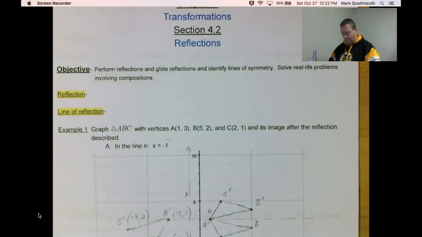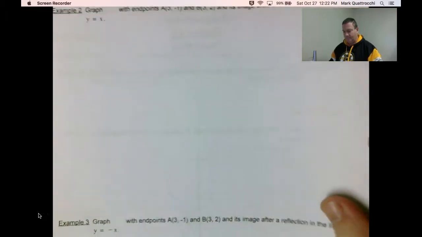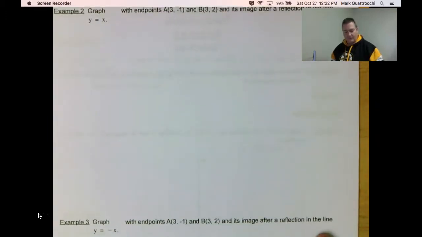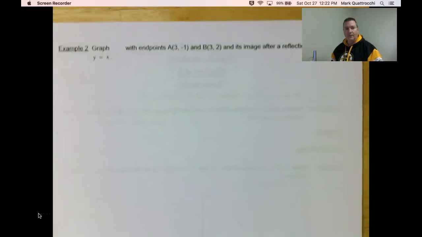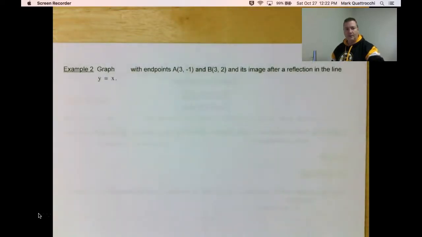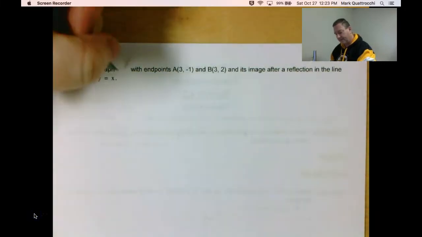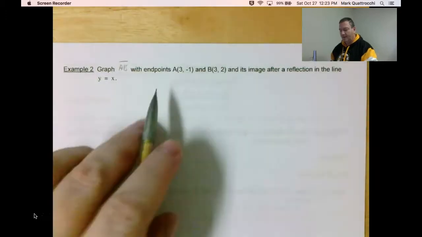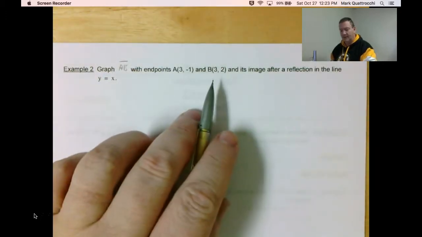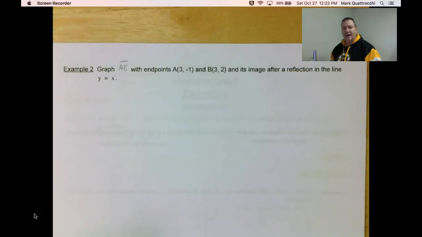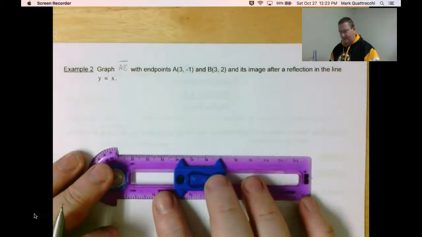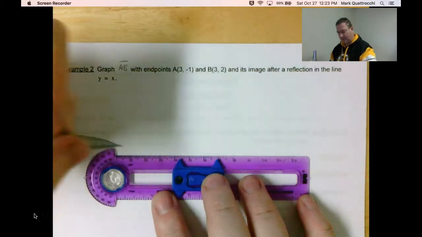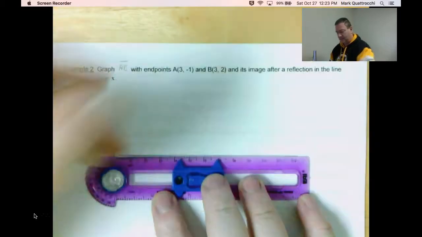Example 2. Segment AB, that didn't print, but it is on your screen, with endpoints A and B, and its image after a reflection in the line y equals x. So my graph didn't print out. So I'm just going to create one here.